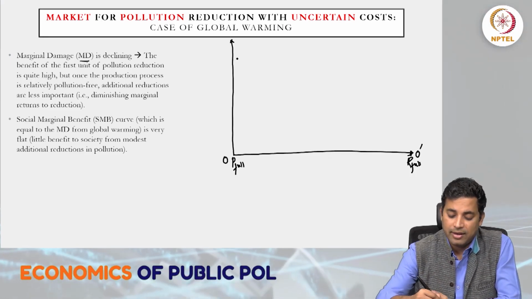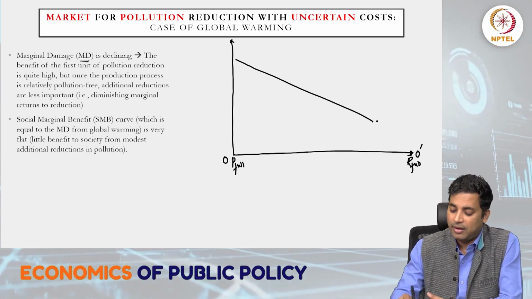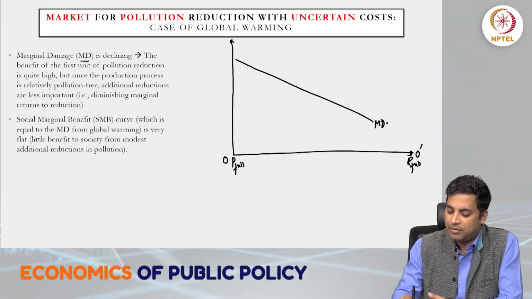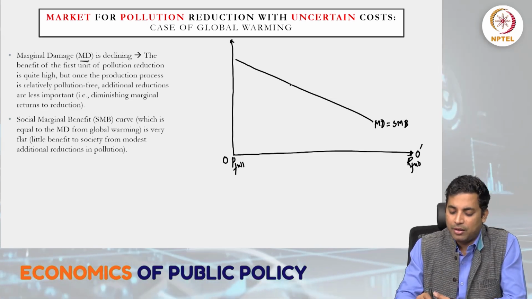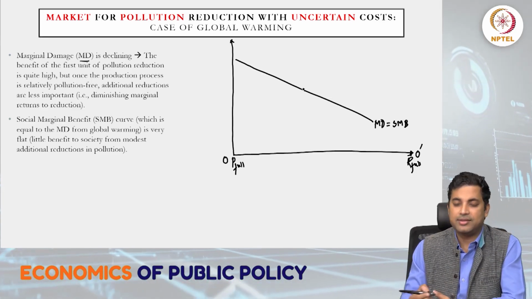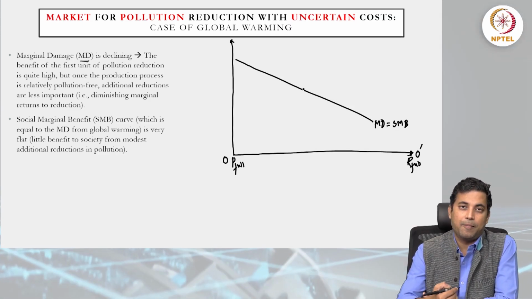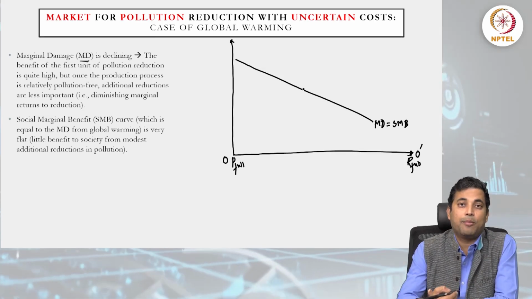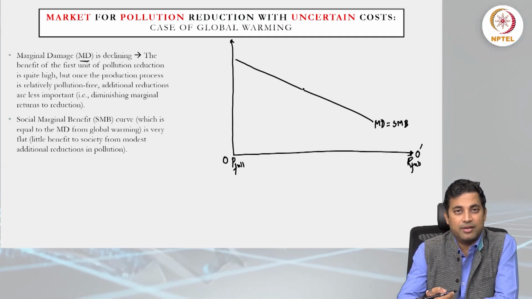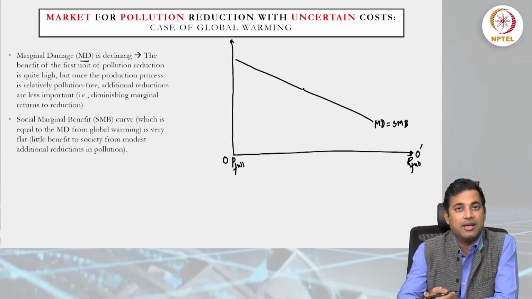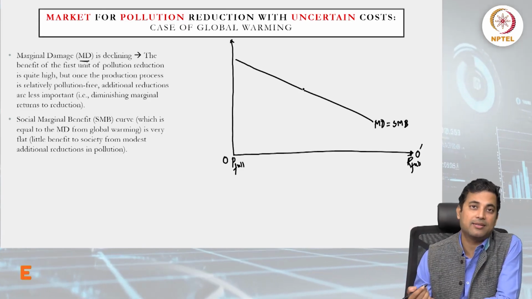And therefore, when we draw this, it will be a relatively flat or flatter marginal damage curve, which is basically the social marginal benefit. So when we are talking about one unit, if we recollect our perfectly elastic goods, elastic goods are those where a change in cost leads to more change in quantity.